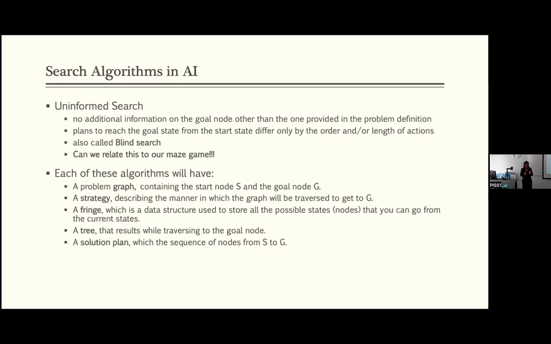So this is an example for an uninformed search algorithm. And the state differs only by the order and length of actions. So we can measure the time complexity and space complexity by the order we are following.